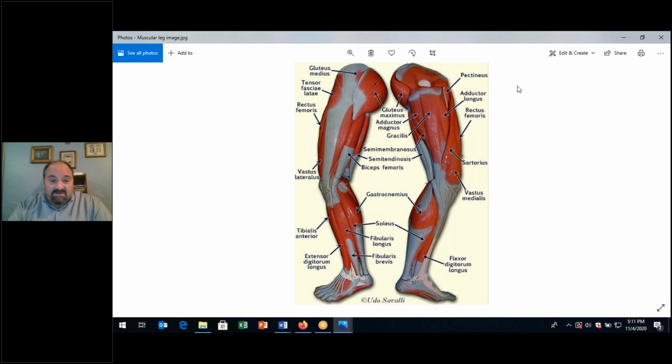So we have the medial aspect, we have the lateral aspect of the leg. It's a little bit more difficult to really see the anterior, but I think I can find an anterior image for you also. With both of these images, you'll be able to see pretty much where the muscles are. And like I said, when you're in lab, you'll be taking video, so that'll be helpful.